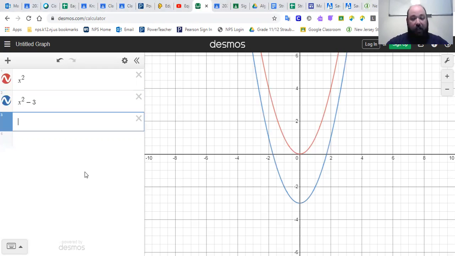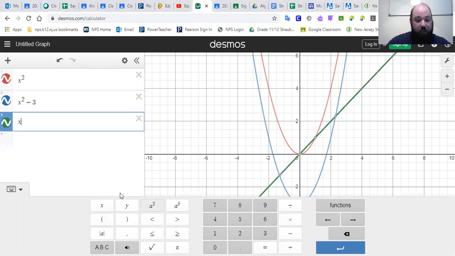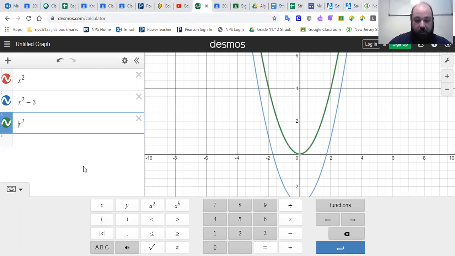So if I take a look at another function, again we'll have x squared, but instead of just having x squared, I'm going to put parentheses here and make this x plus 2, and close the parentheses there.